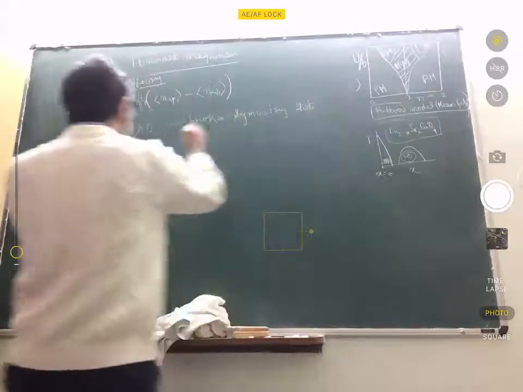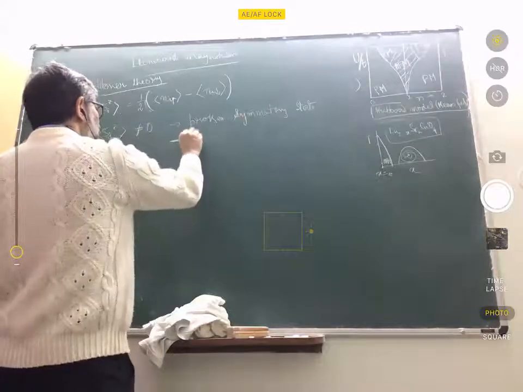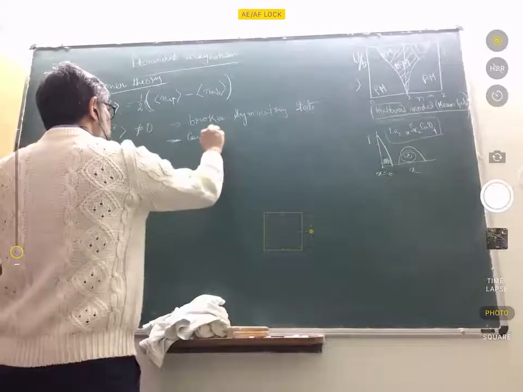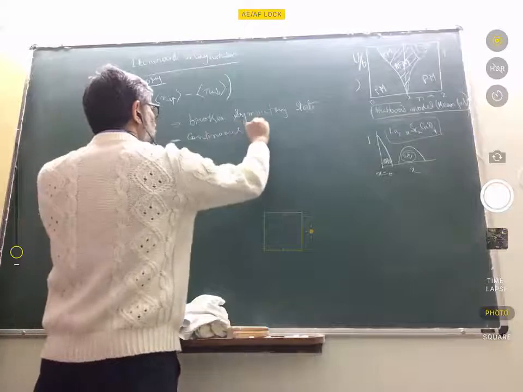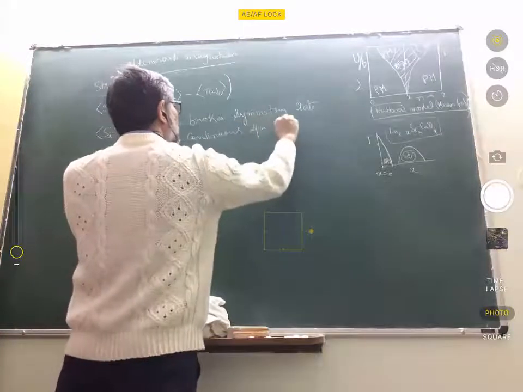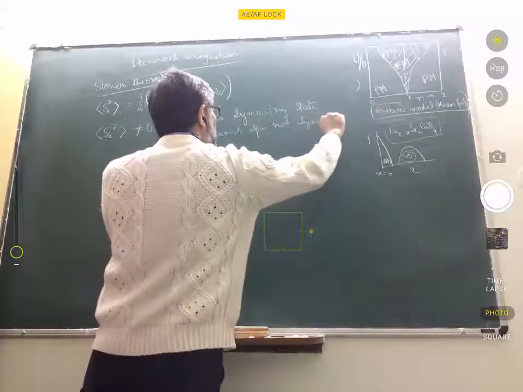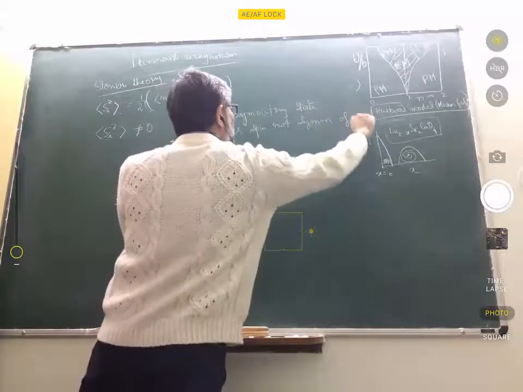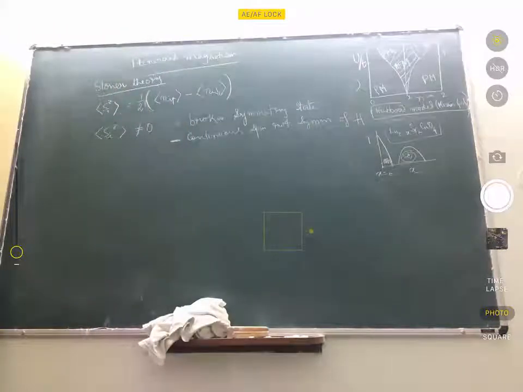One thing which I explained earlier is that we have broken the continuous spin rotational symmetry of the Hamiltonian. But actually, we have broken some other symmetries. So what other symmetry have we broken?